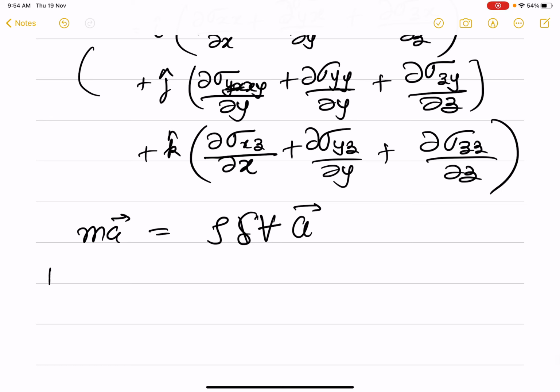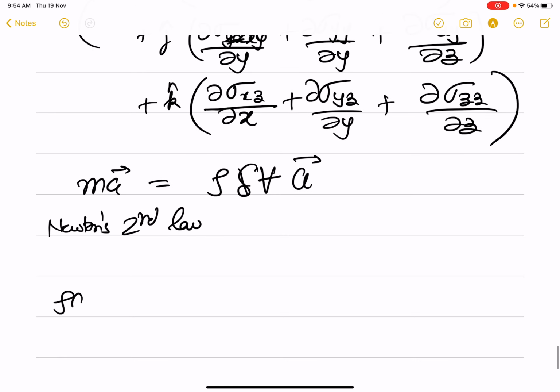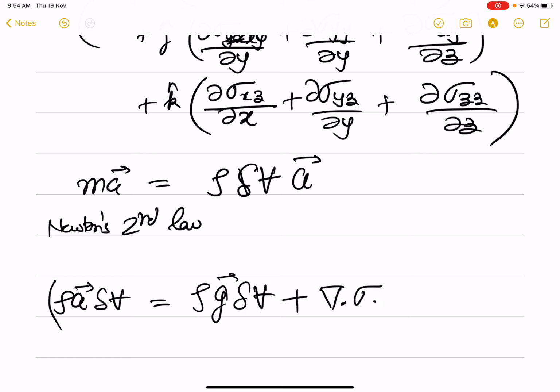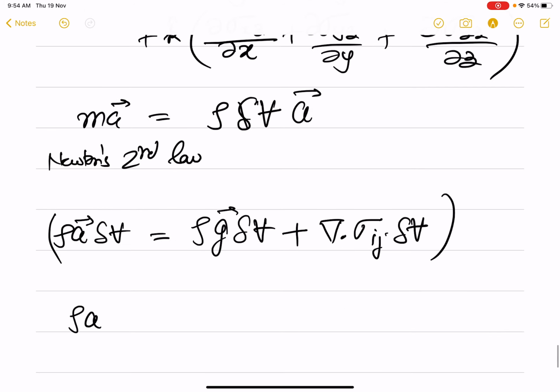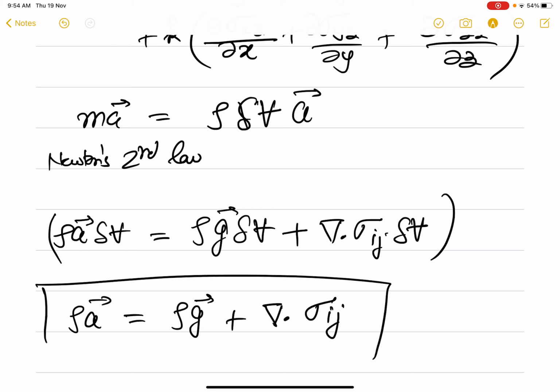So now when we apply Newton's second law, what we get is rho times a times delta v is equal to rho times g times delta v plus divergence of sigma ij times delta v, and this leads us to the relation rho a is equal to rho g plus divergence of sigma ij.